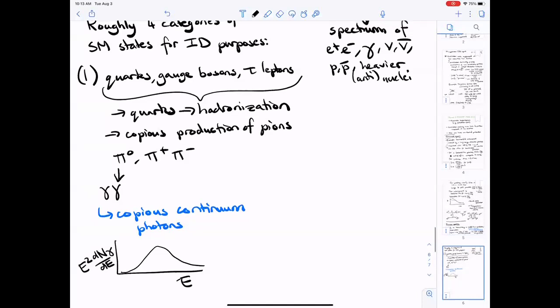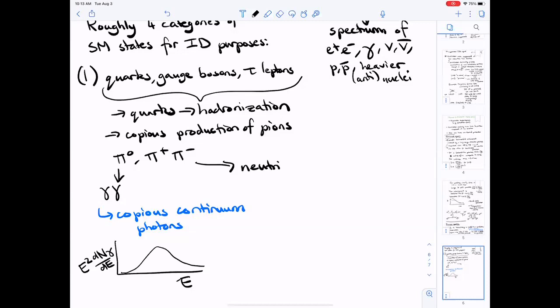Now, if you ask how charged pions decay, they decay first to muons and neutrinos or antineutrinos, and then the muons decay into more neutrinos and antineutrinos and electrons. So this channel makes neutrinos and antineutrinos and electrons and positrons.